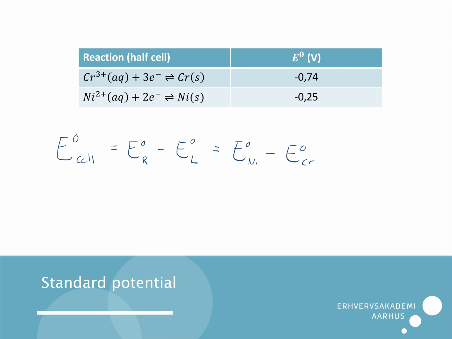And we have the numbers up here. So if we insert them, minus 0.25 minus minus 0.74. This gives us 0.51 and the unit is volt. This is the standard potential of the galvanic cell containing chromium and nickel.